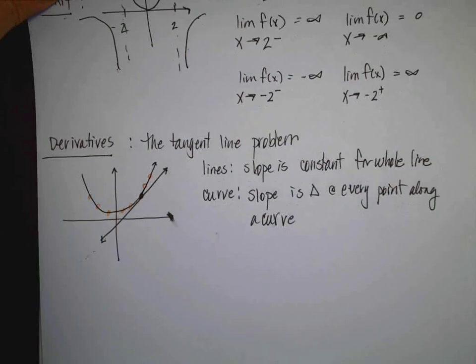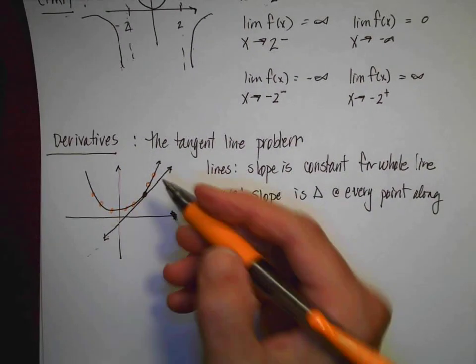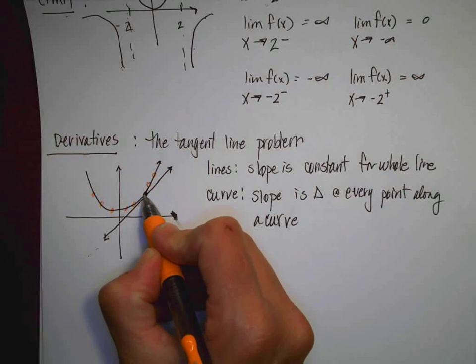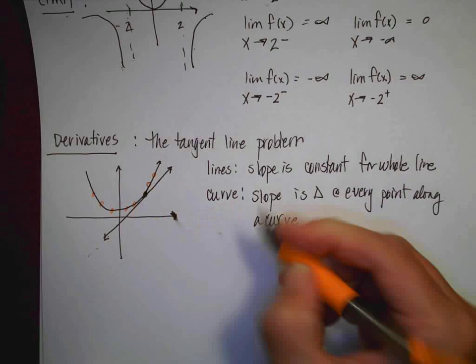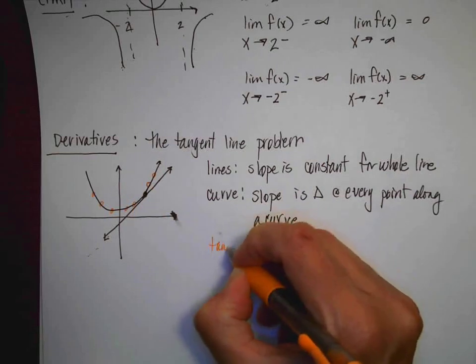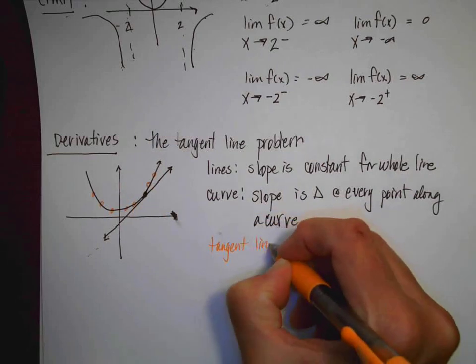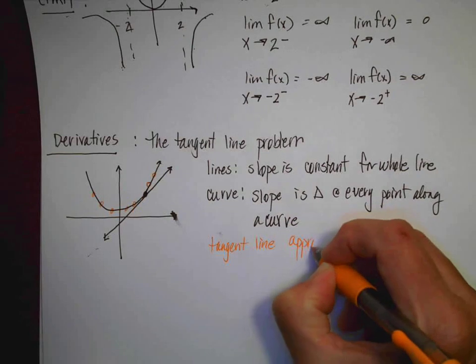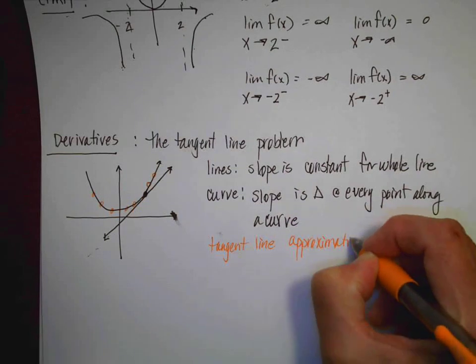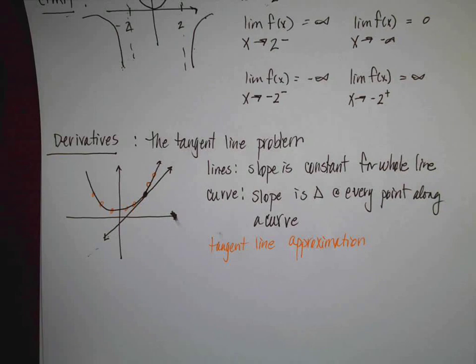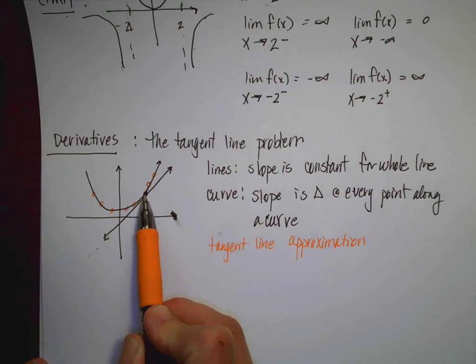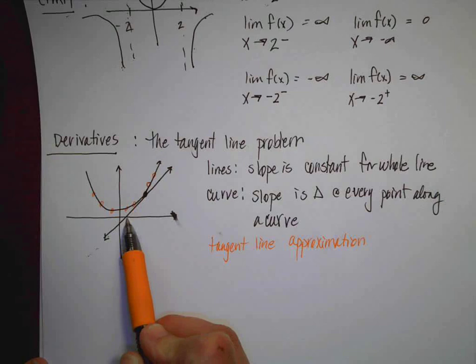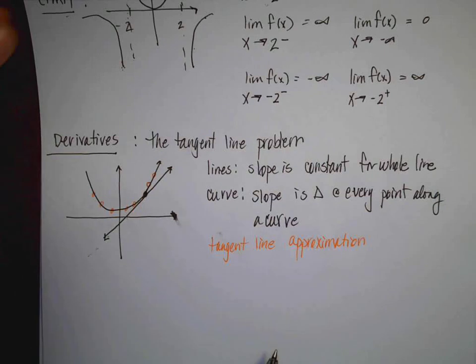Well, the cool thing about the tangent line problem is I can approximate the slope of the function at this point by using a tangent line approximation. And we're going to talk around this over and over. But we're going to approximate the slope of the curve, which is the derivative, at a given point, and oftentimes we can do that with a tangent line.